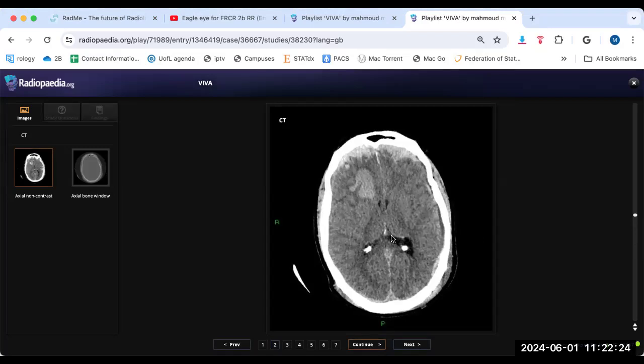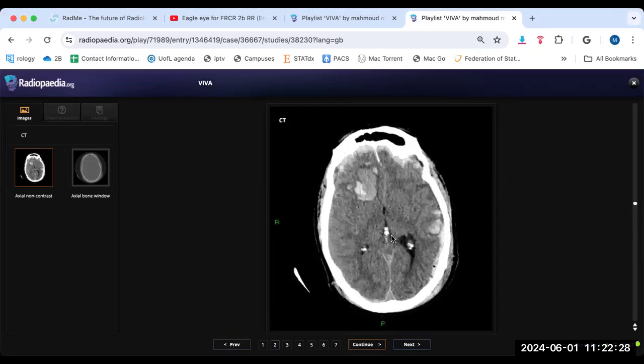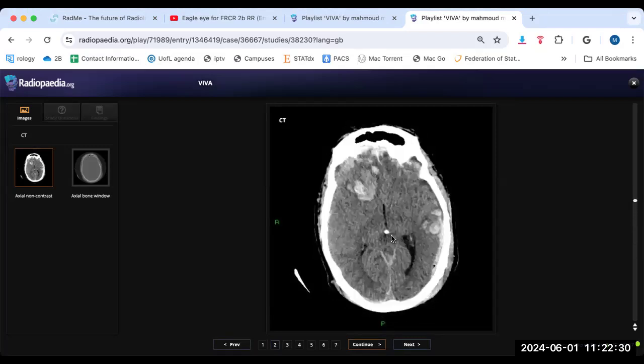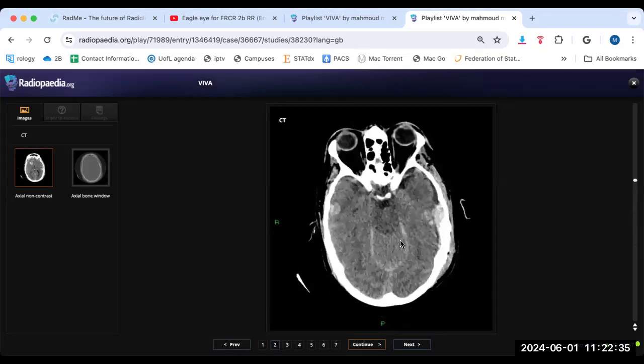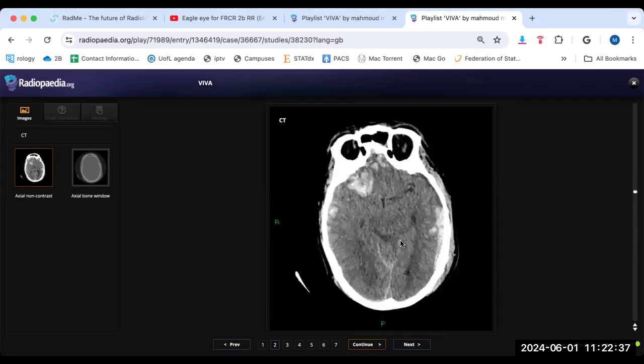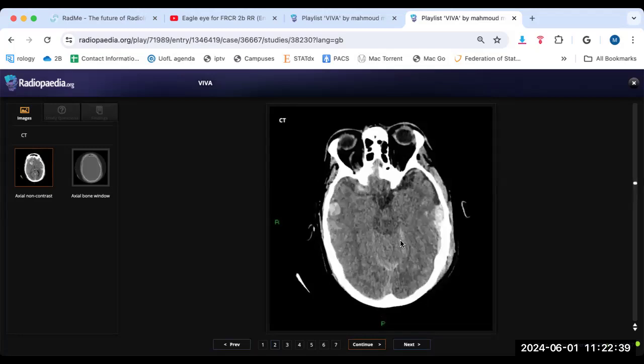You mentioned uncal herniation. Where is it? It is at the level of the midbrain. I can suspect it when there is effacement of the ambient cistern.